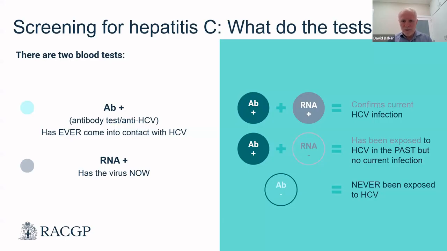And negative antibody means never been exposed to hepatitis C. It's very important that people who previously had hepatitis C treated don't endlessly have antibody tests repeated, because as probably most people know, the antibody tests will generally stay positive for life. So we really need to follow up people with the RNA test. Next slide, please.